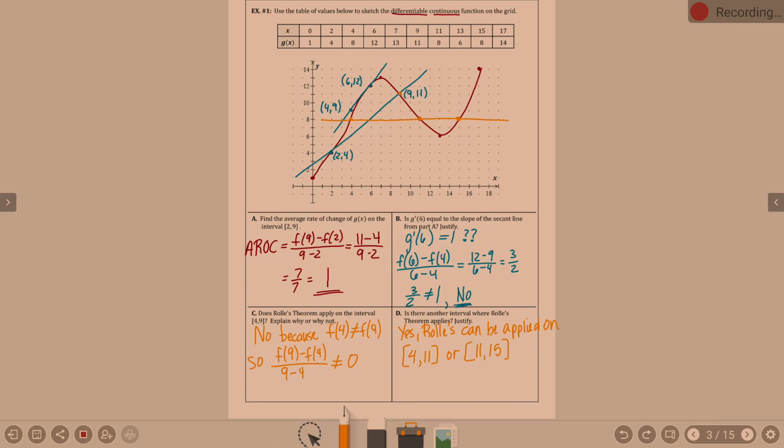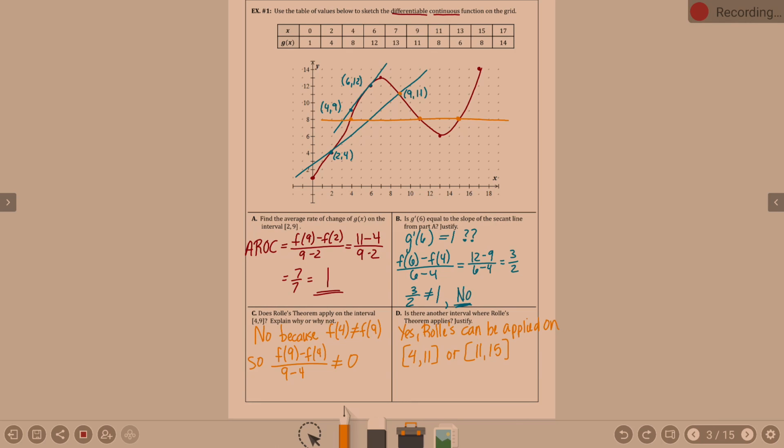I don't think it would be wrong to say 4 to 15. But I think breaking it down to the smaller intervals, because we're looking at it guarantees an extrema. And it gets a little awkward there where you have 2. Okay, so I'm not 100% sure on that, but that's my reasoning there.